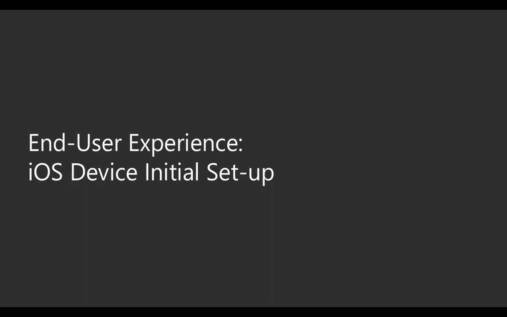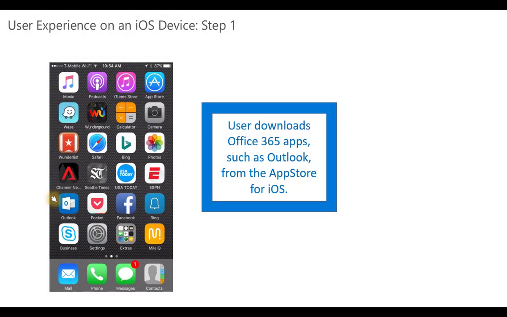So what's it going to look like for someone who wants to use an iOS device when they join that device to the Microsoft 365 business environment that you've just set up? So again, typically the user can download the Office 365 apps, Outlook and SharePoint and those sort of things from the store.